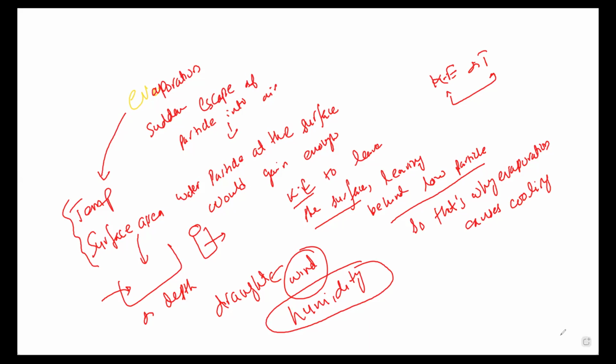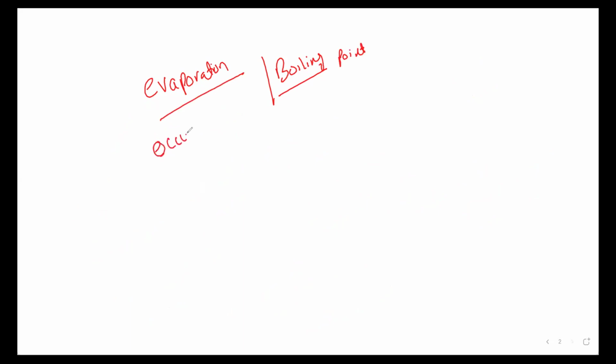Then there is a point where we discuss the difference between evaporation and boiling, because evaporation is normally discussed in context with the boiling point. The major difference between these two is evaporation occurs at all temperatures, whereas boiling occurs at a fixed temperature.